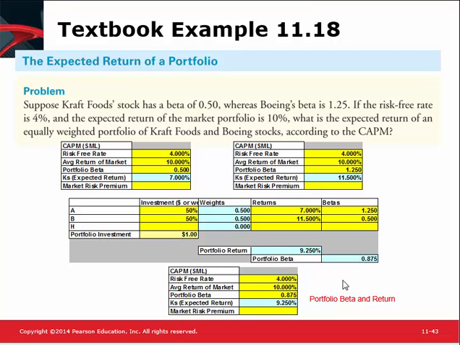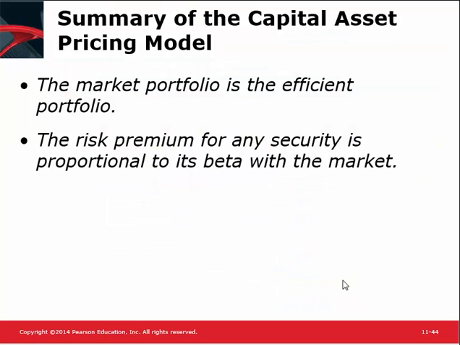We can transfer this forward then into talking about projects. How do you calculate the required return on a project? That's for a further chapter. So in general, the market portfolio is an efficient portfolio. The risk premium for any security is proportional to its beta with the market.